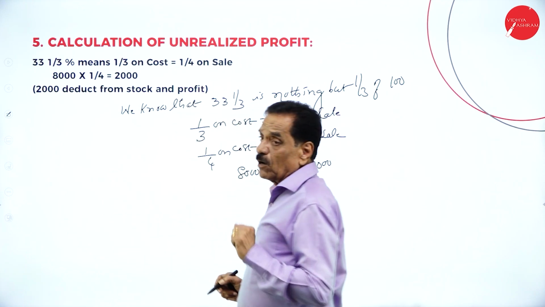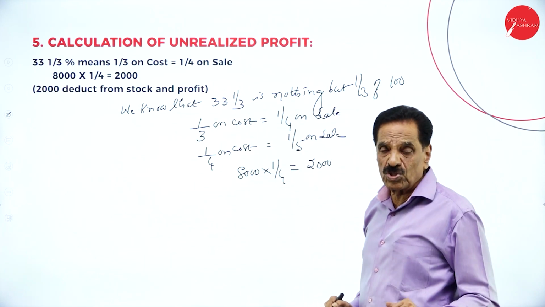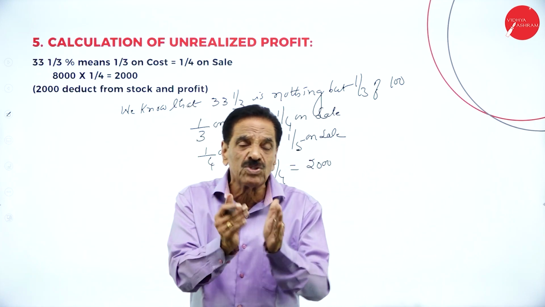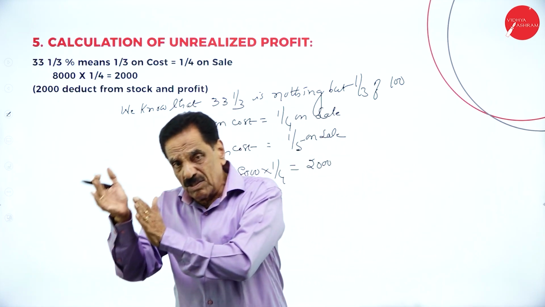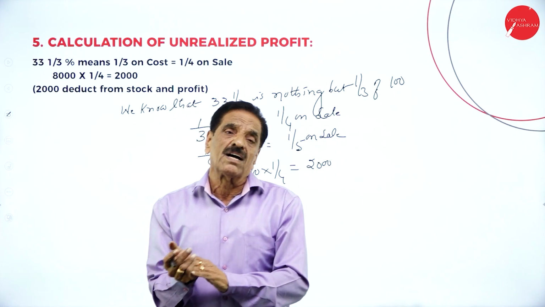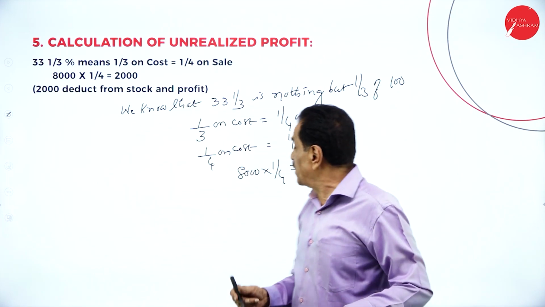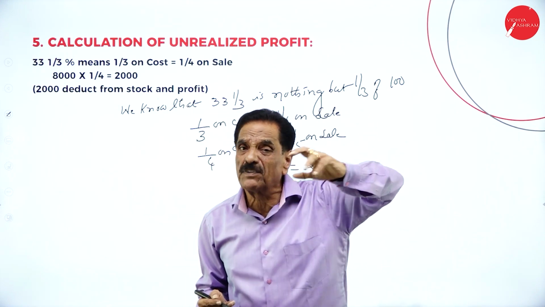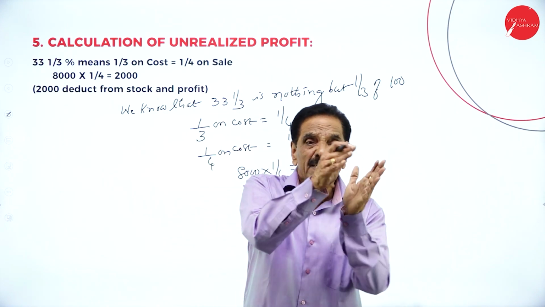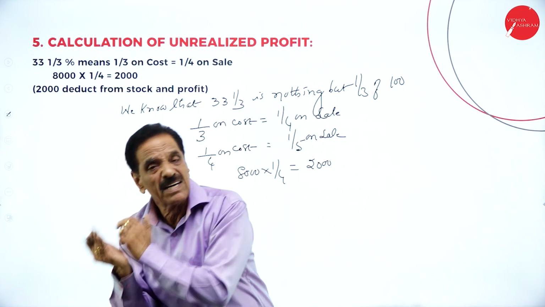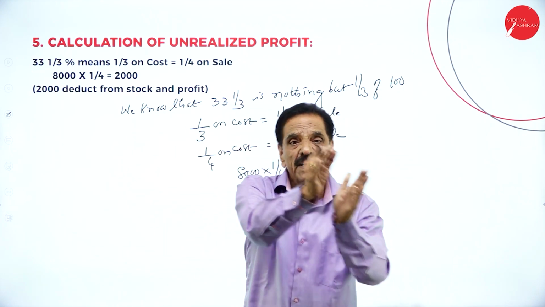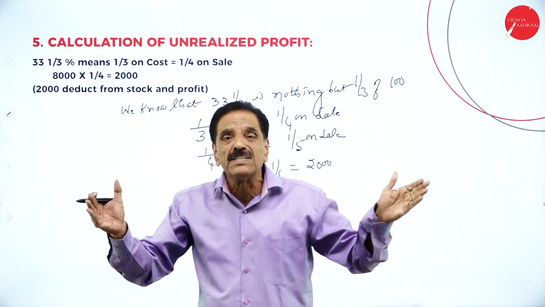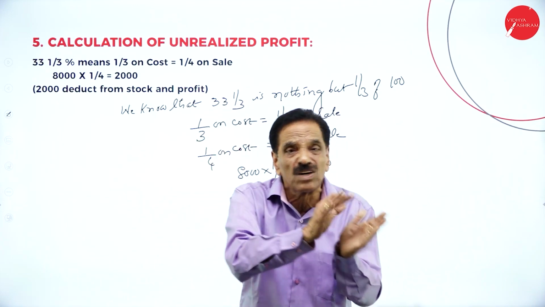Means he supplied how many goods? 20,000 goods to S. Before the consolidation, H Limited supplied 20,000 goods, at a profit, totally as stock 8,000, which includes a profit of 2,000. Before that, H is the supplier, S is the receiver, H becomes the creditor, S becomes the debtor. When they become consolidated, when they become one and the same, the question of profit does not arise at all.